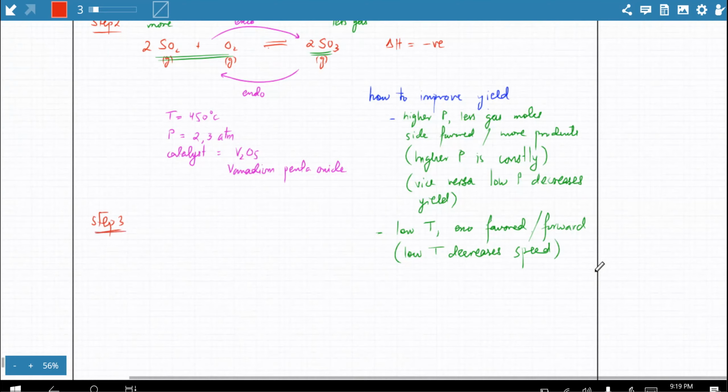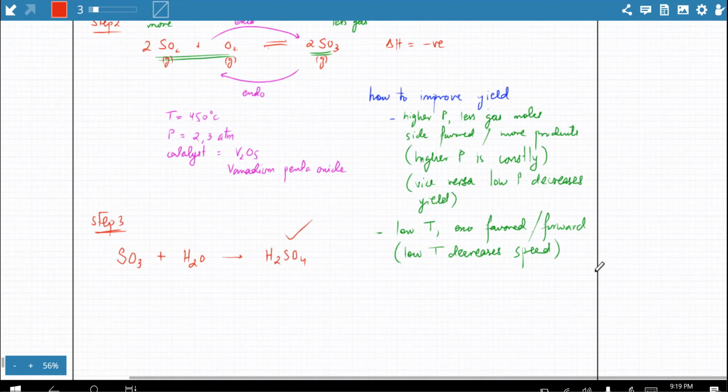So step 3 is, now you have SO3 that has been formed in the previous step. Now with this SO3, there are many things you can do. You could directly mix it into water. If you add water to it, it would change into sulfuric acid. So that's a very good reaction, and we have gotten our sulfuric acid, and that's about it.